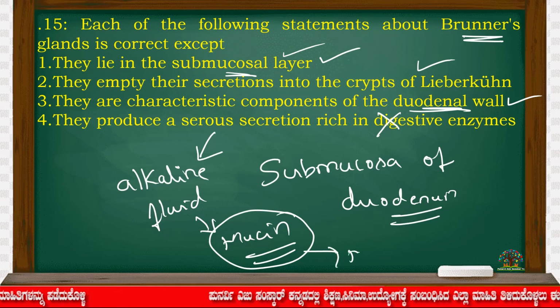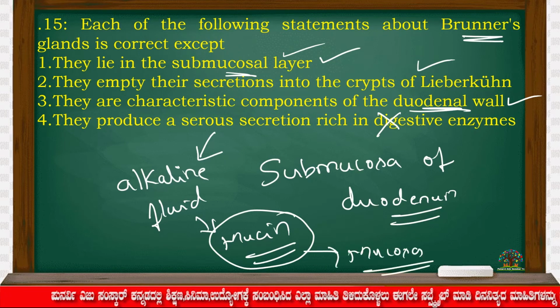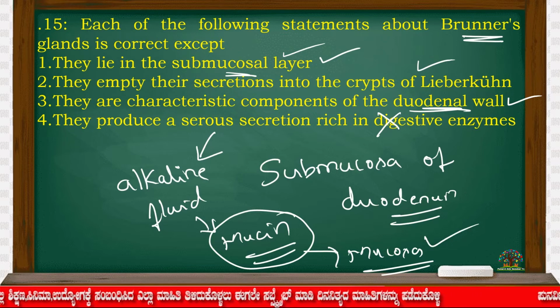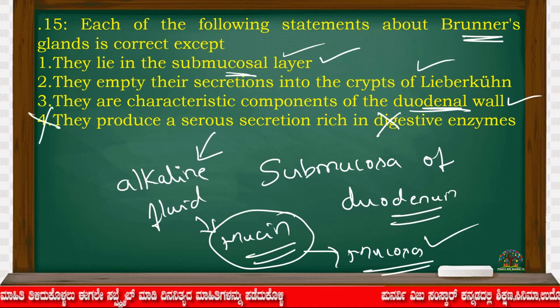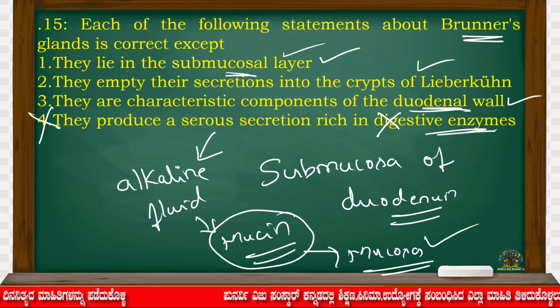This protects the mucosa. This mucin is a chemical substance that protects the mucosal layer. Therefore, option number 4 is the wrong option, which says it secretes digestive enzymes.